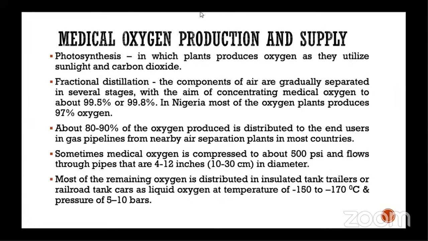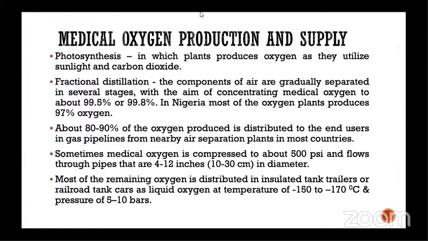Commercially, we can produce oxygen by fractional distillation, whereby oxygen is gradually separated from air in order to concentrate it to about 99.5% or 99.8%. But in Nigeria, most oxygen plants produce about 97% oxygen with 3% impurity.